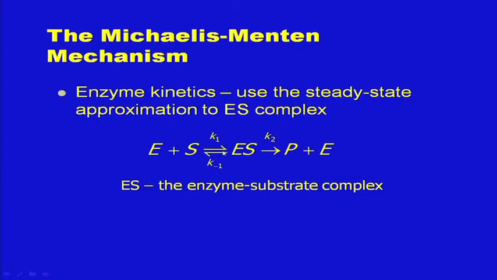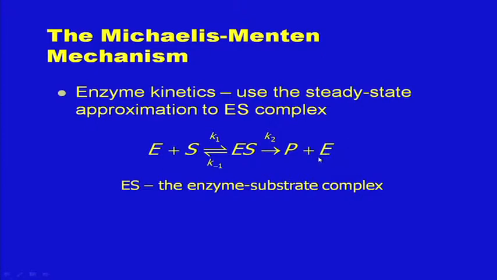The forward rate constant is k1 for the formation of ES, the backward dissociation of ES is k minus 1, and k2 is the product formation step. So, it is a quick equilibrium and then maybe a slow dissociation to give the product plus the enzyme back.